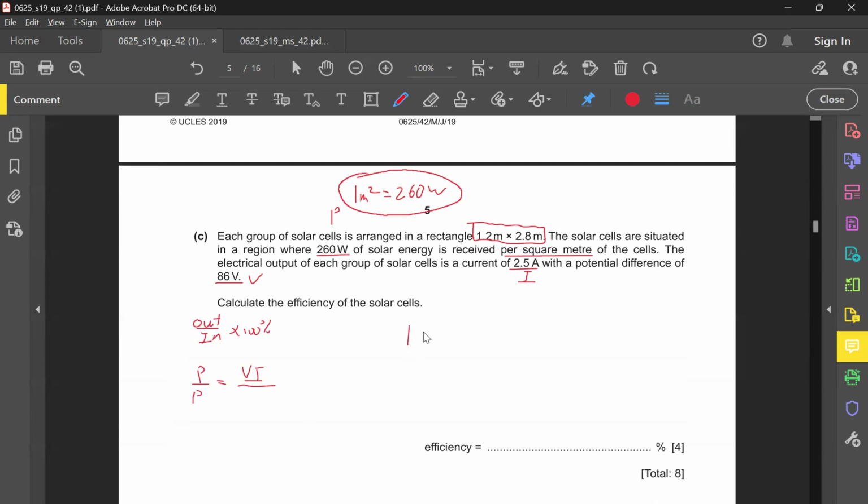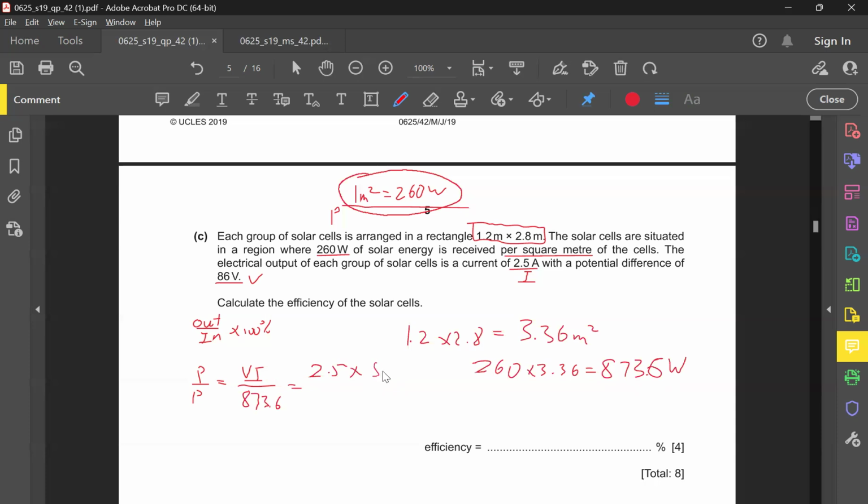Then you find out how much is 1.2 times 2.8 in terms of meter square. That will be 3.36 meters square. If 1 meter square gives me 260 watts, then 3.36 is basically 260 multiplied by 3.36, which is 873.6 watts.